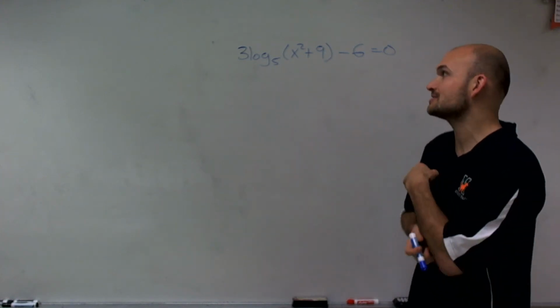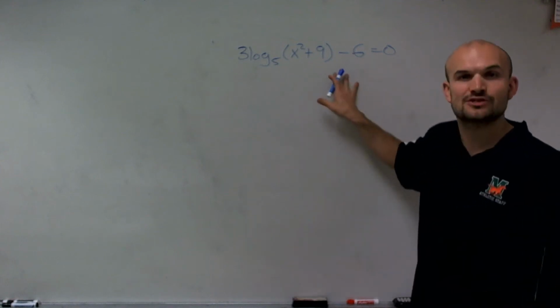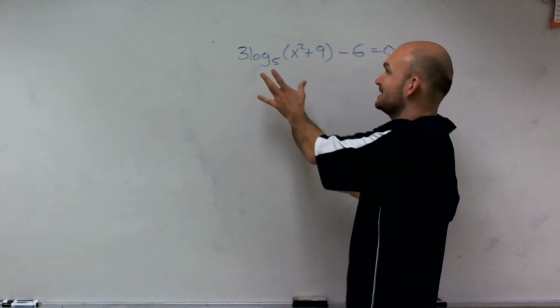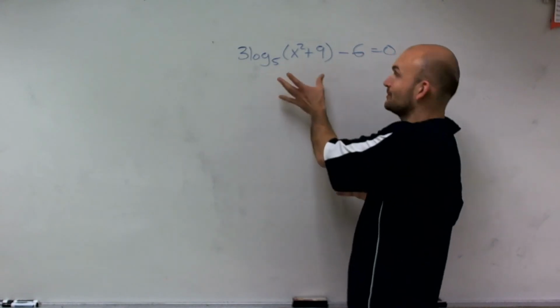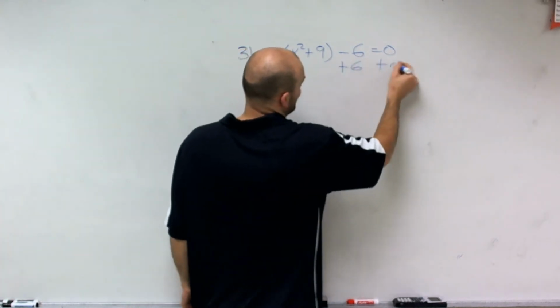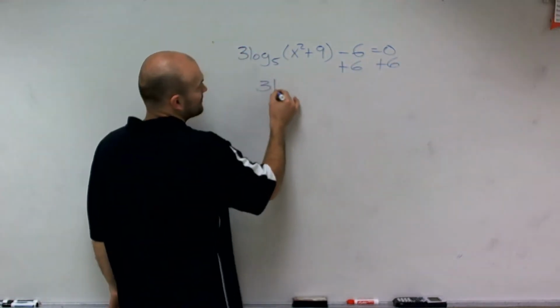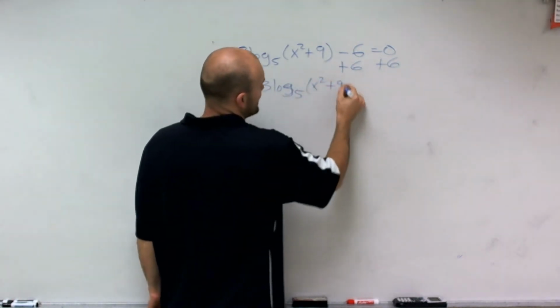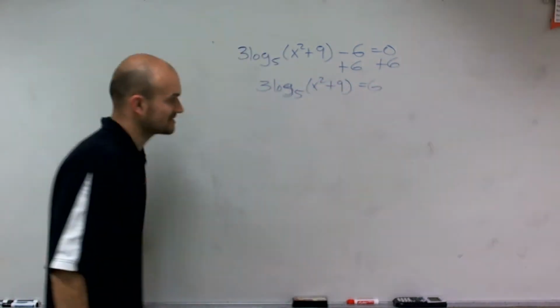First of all, I have this 6 over here. I can't convert this to exponential form when I have an expression with an extra term. So the first thing we want to do is isolate it by adding the 6 over there. So now I have 3 log base 5 of x squared plus 9 equals a positive 6.